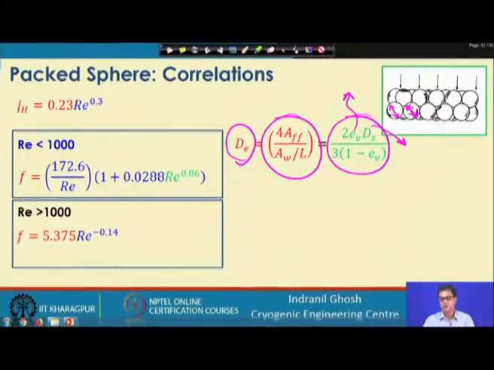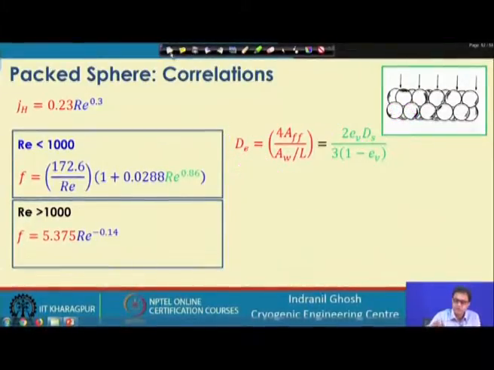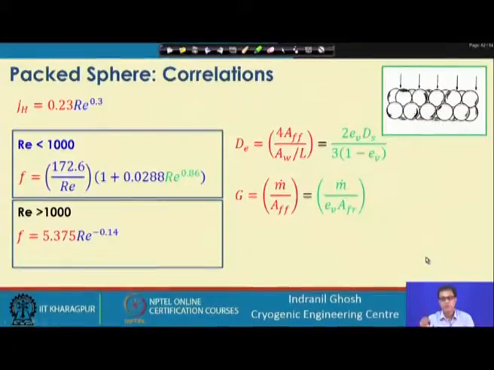So, we take the average diameter of the packed spheres, and then we calculate the void, and we correlate it to the equivalent diameter of this packed sphere regenerator bed. Next, when we know the equivalent diameter, we can calculate the mass velocity, as we have learned in the case of heat exchangers also, that it depends on the mass flow rate of the fluid flowing through this packed bed and the free flow area.